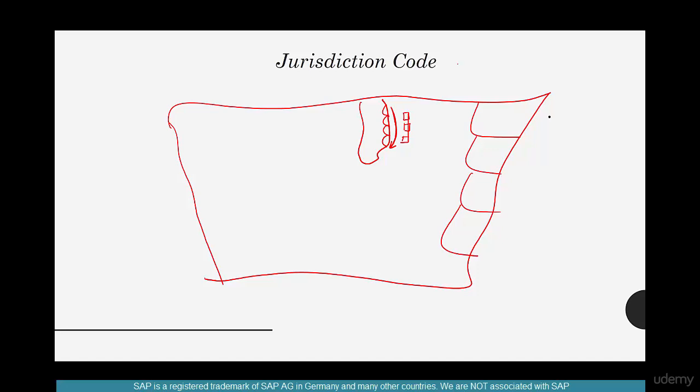And a jurisdiction code basically is a combination of state plus county plus city plus district. District is not used for the most part. It's mostly state, county, and city. So based on the combination of state, county, and city, the state levies a tax, the county levies a tax, the city levies a tax.